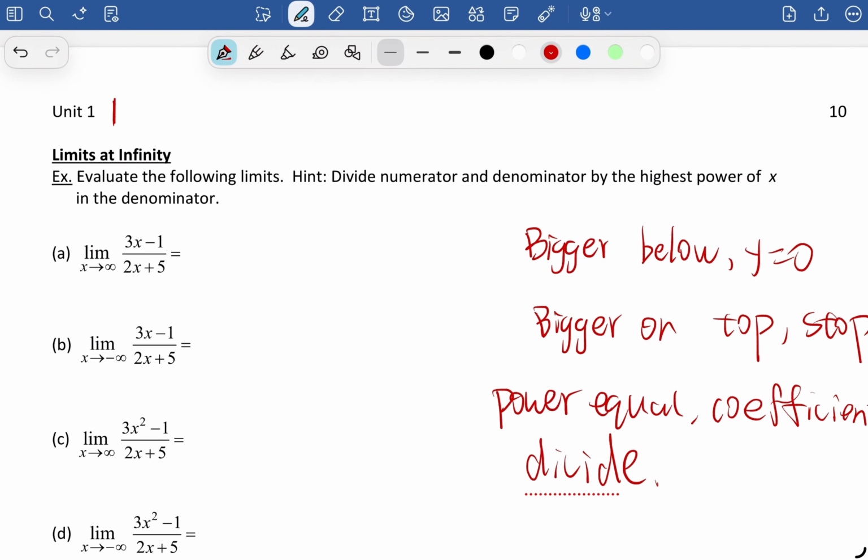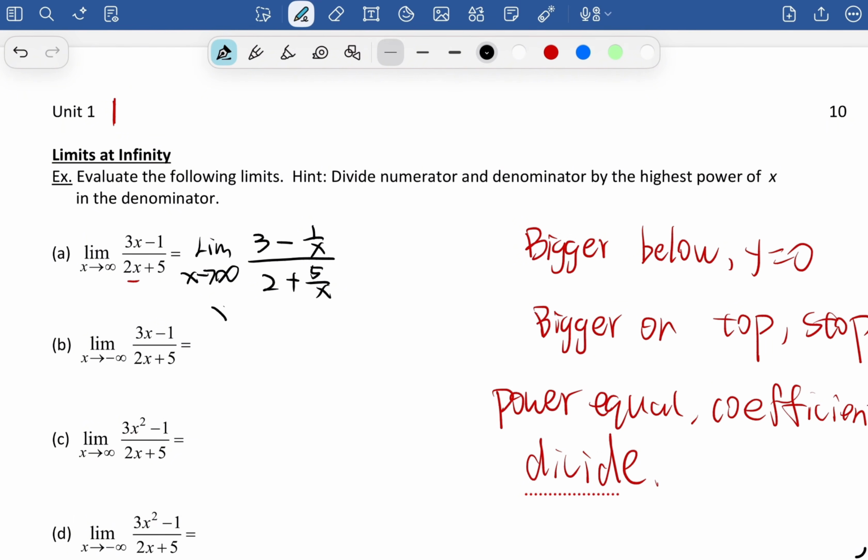And I'm pretty sure you learned how to evaluate this. We divide the numerator and the denominator by the highest power of x in the denominator. For example, in this one the highest power of x is x, so we divide the whole thing by x. So we have the limit as x approaches infinity of 3 minus 1 over x, over 2 plus 5 over x.